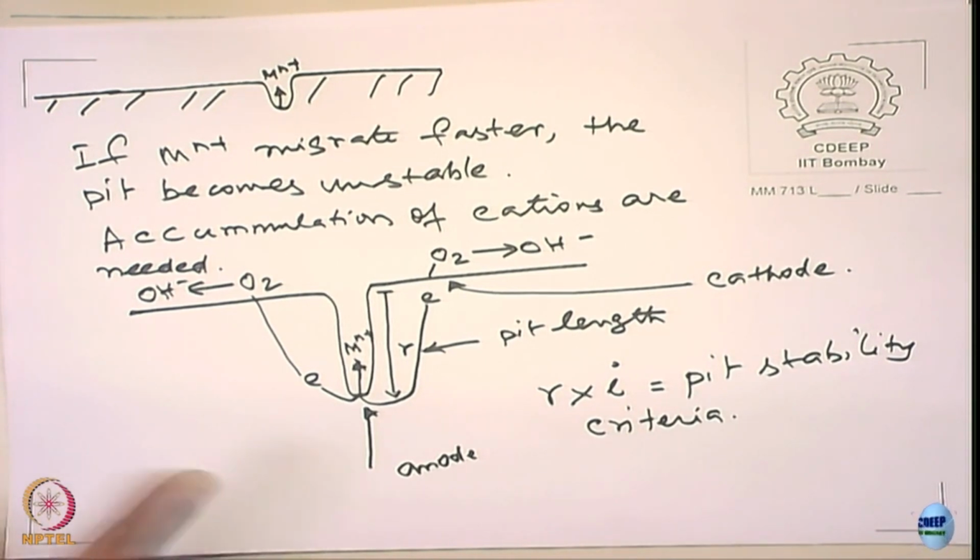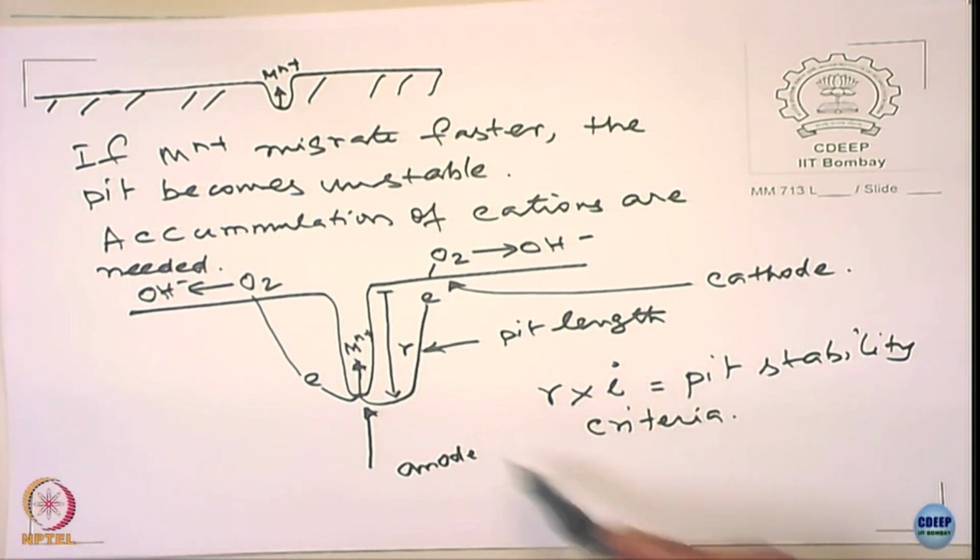Please look, they are multiplied. If the length is higher, I can have a lower current density. Why? Because the diffusion path is longer. If the diffusion path is shorter, then I must have a higher dissolution rate in order to make the pit stable, right?